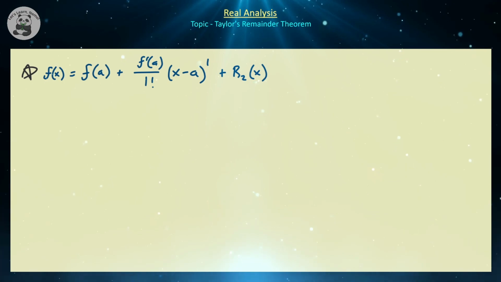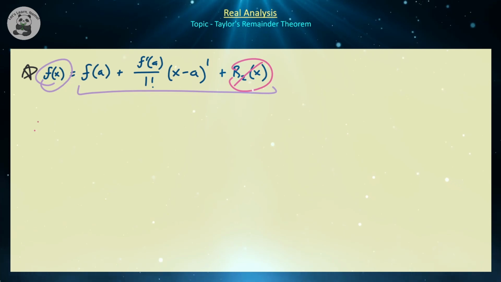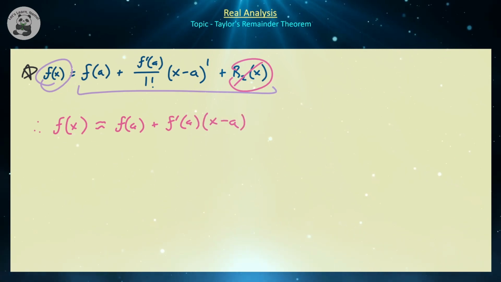So let's assume that we have f with a Taylor series of this particular expression, and let's assume that we want to approximate f of x around some point a. If we drop this remainder term, then what we have here is an approximation for f of x near a. So f of x is approximately equal to f of a plus f prime of a times x minus a.